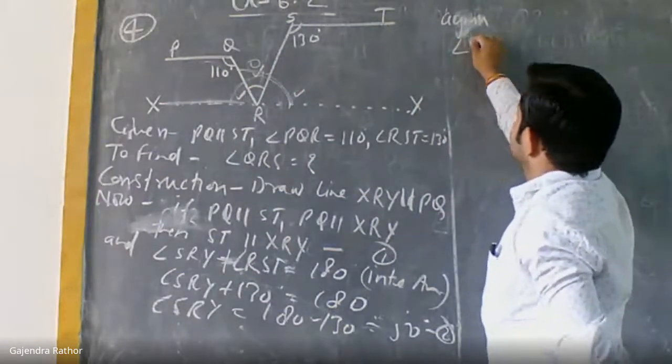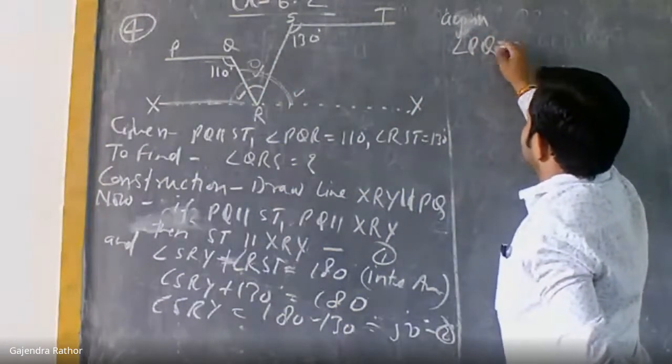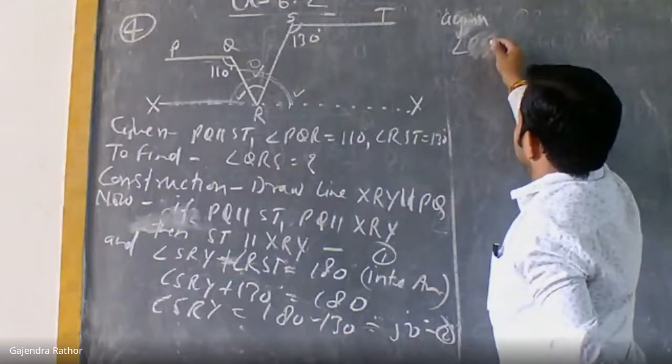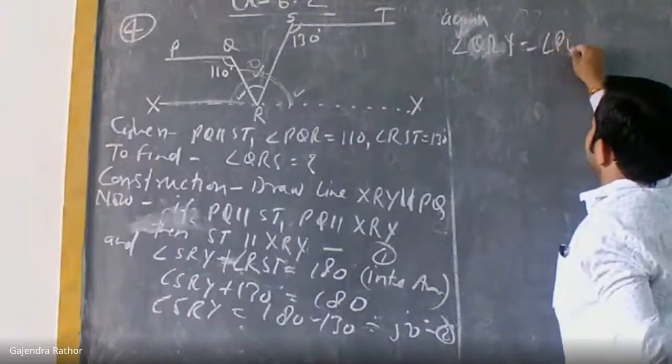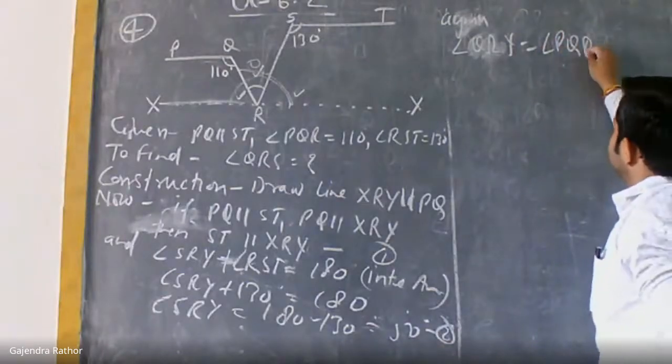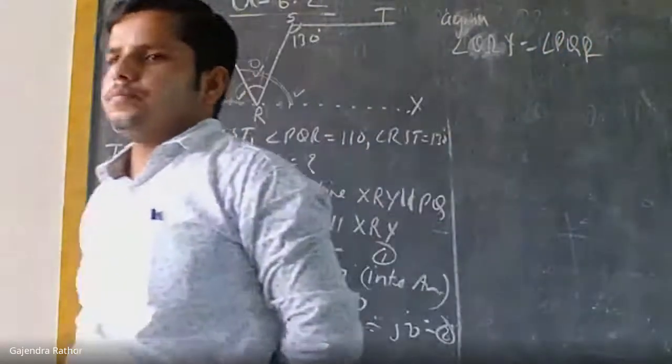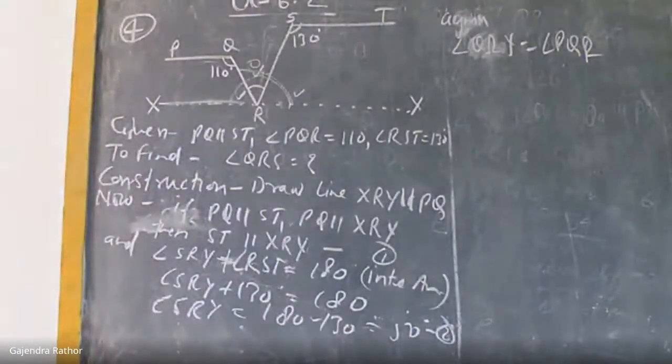Why? QRY is equal to angle PQR. Why are these angles equal?